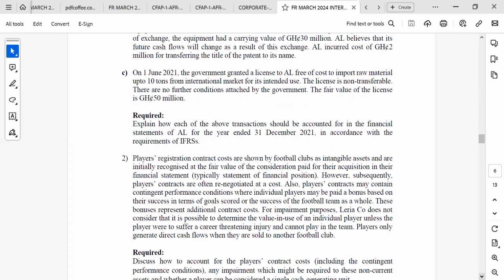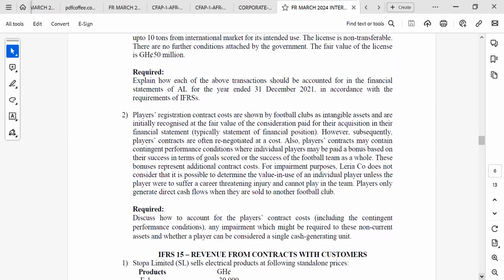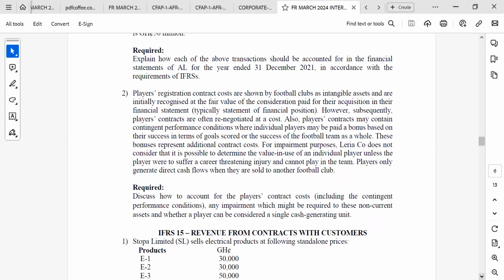Okay, let's come to the second one. Question 2. Players' registration contract costs are shown by football clubs as intangible assets and are initially recognized at the fair value of the consideration paid for their acquisition in their financial statements.